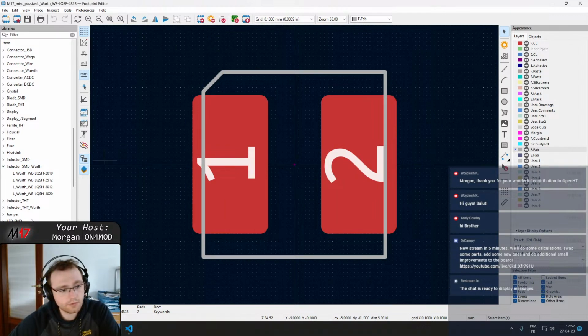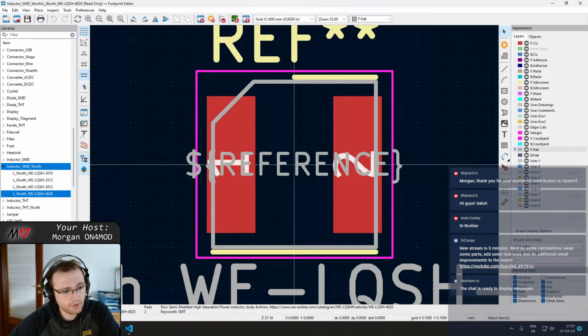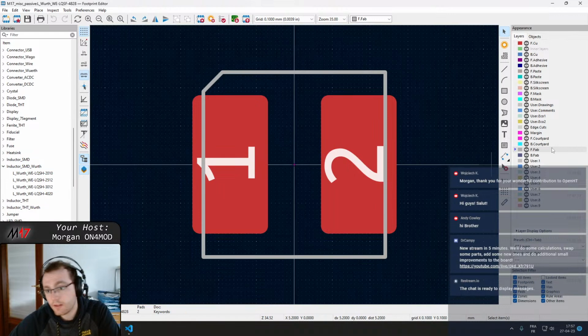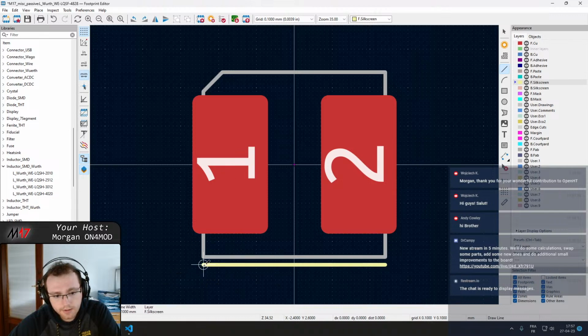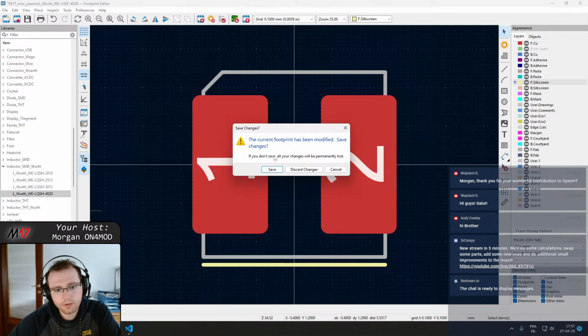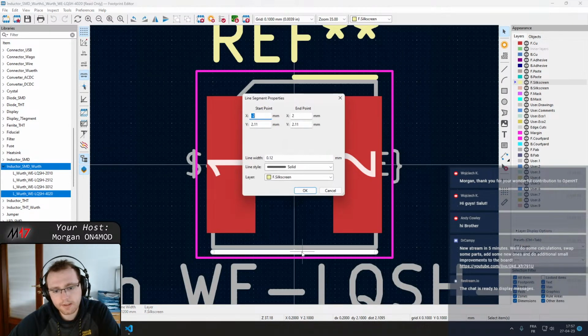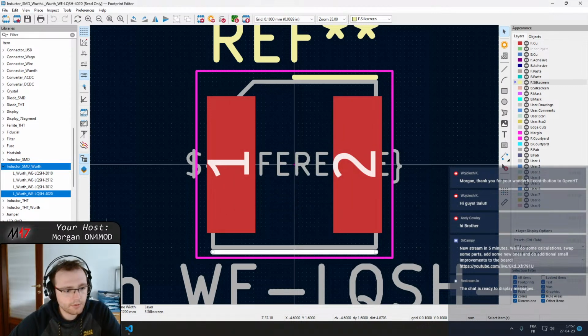So okay, let's take the front silk screen and then draw something like this. What size do they use? Trying to stay as close as possible to the reference design, let's say 0.12 line width.